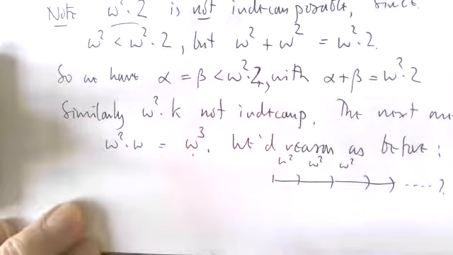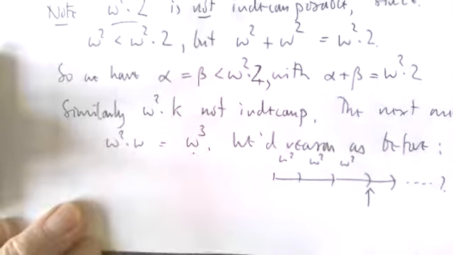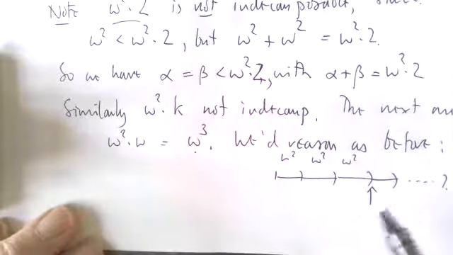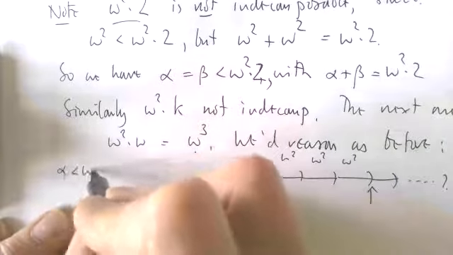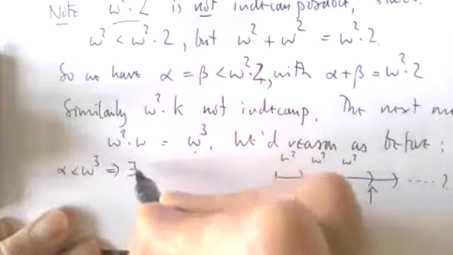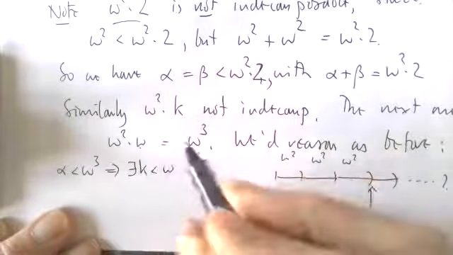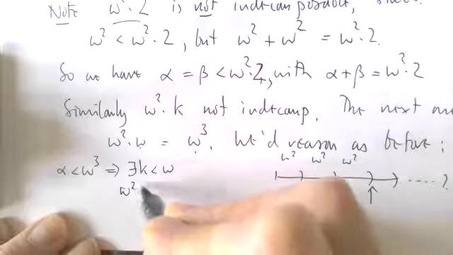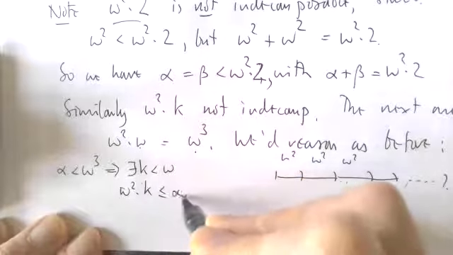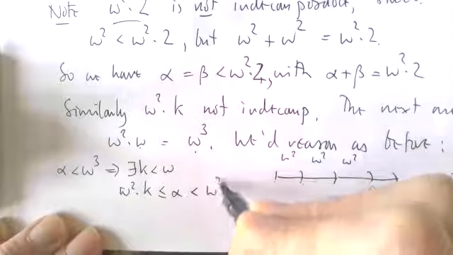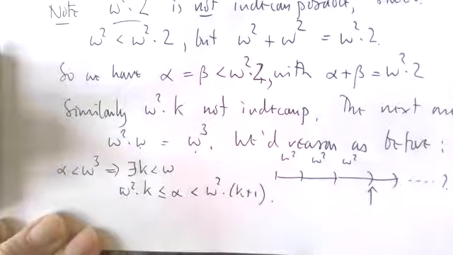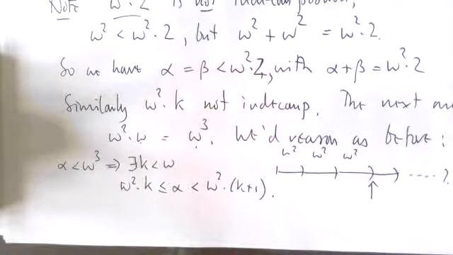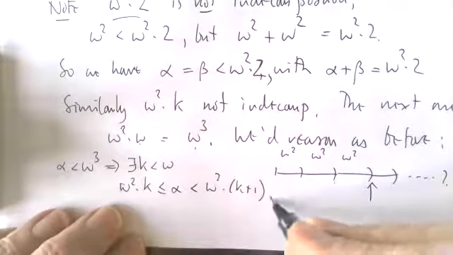If something is less than omega cubed, it now falls between two blocks like this. So there's a k less than omega, where now I write omega squared times k is less than or equal to alpha, might equal alpha. And I could do exactly the same moves that I just did before.